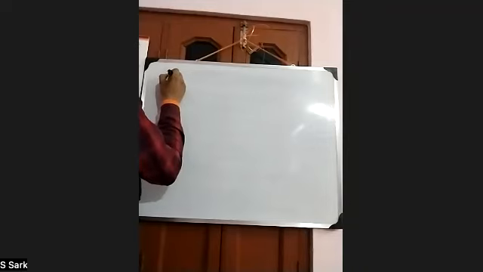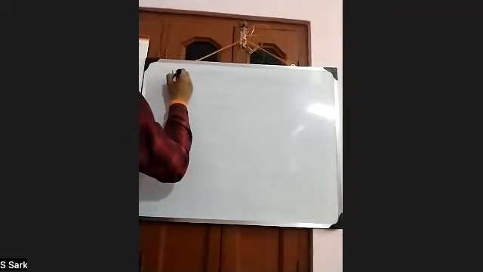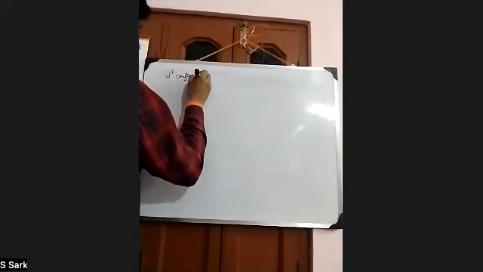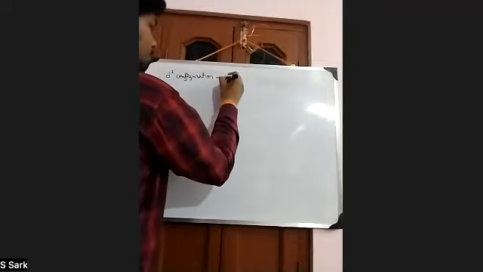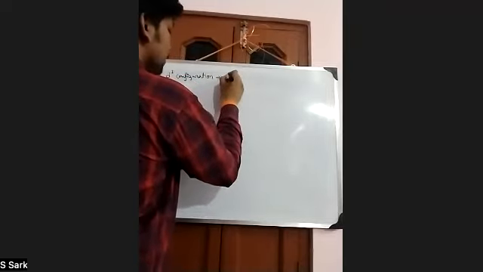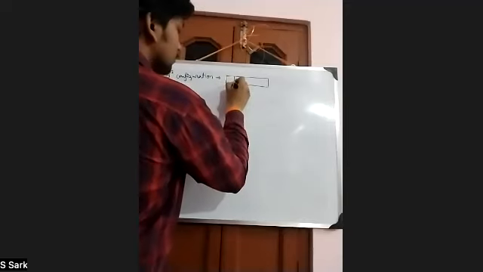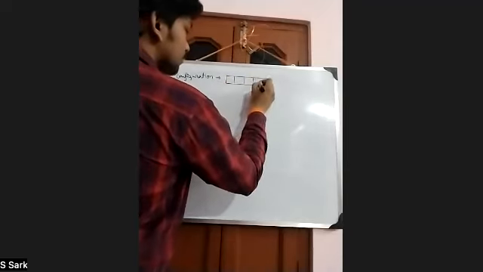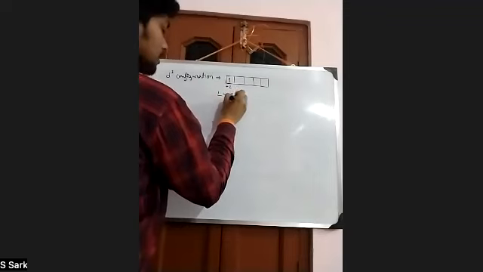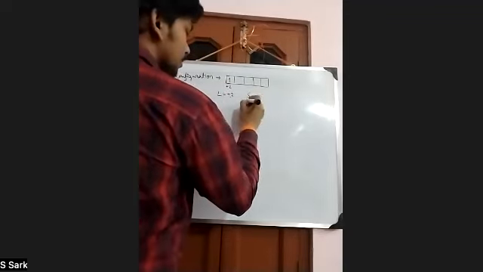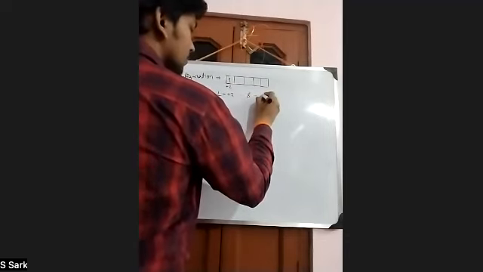So firstly, if we take the D1 configuration, then the term symbol will be: the L value will be 2, the S will be plus half.